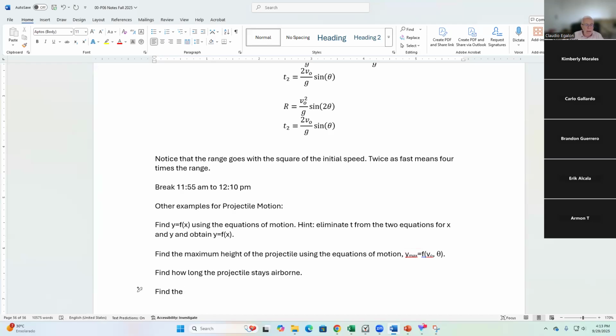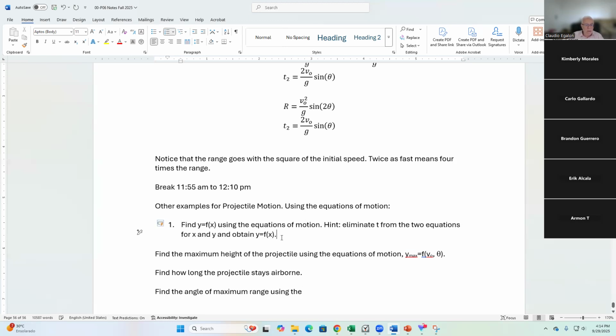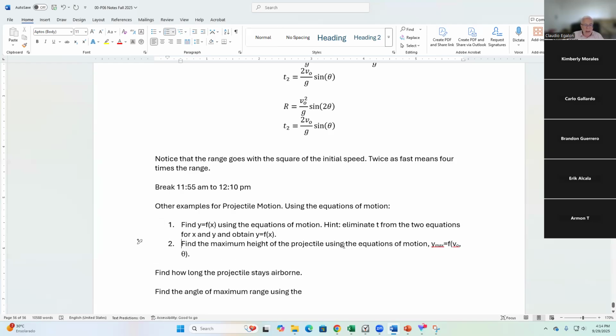Find the angle of maximum range, using the equations of motion again. One, find y as a function of x. Two, find the maximum height the projectile reaches.